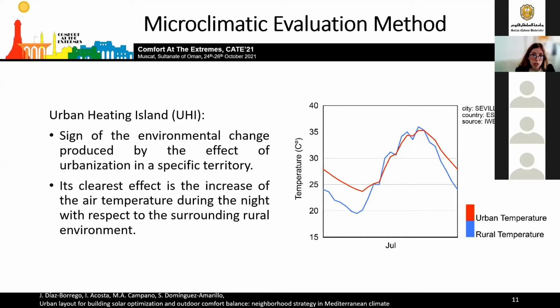This environmental modification is taken into account thanks to the Urban Weather Generator, which produces a modified weather file generated from the rural environmental file. In this way, we can simulate the thermal conditions of the urban setting under study.